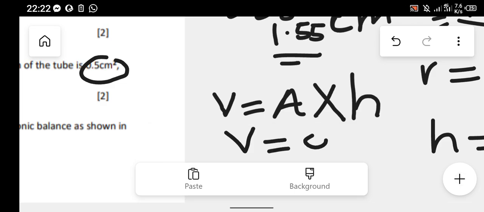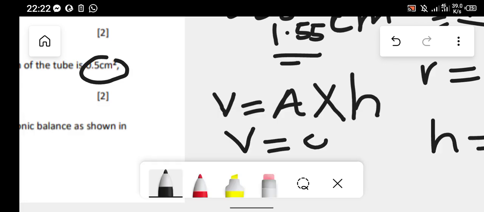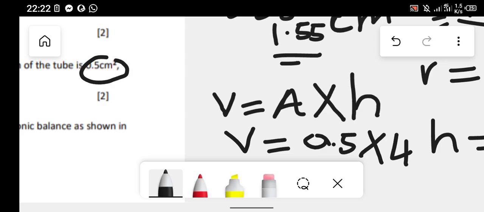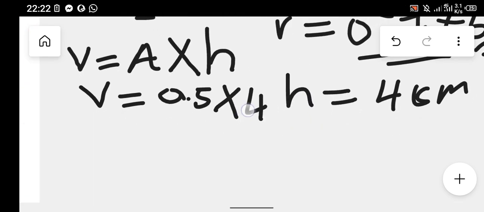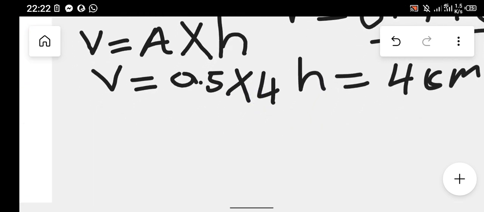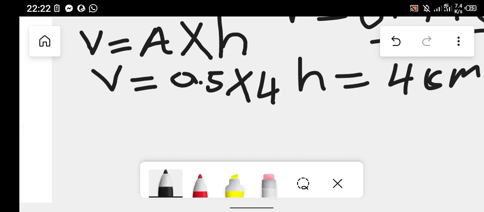So let's do this. I get my pen. Given the area there, which is 0.5, we multiply it with our height, 4. Let me just move this a bit in front so I have some space, so I can say volume.